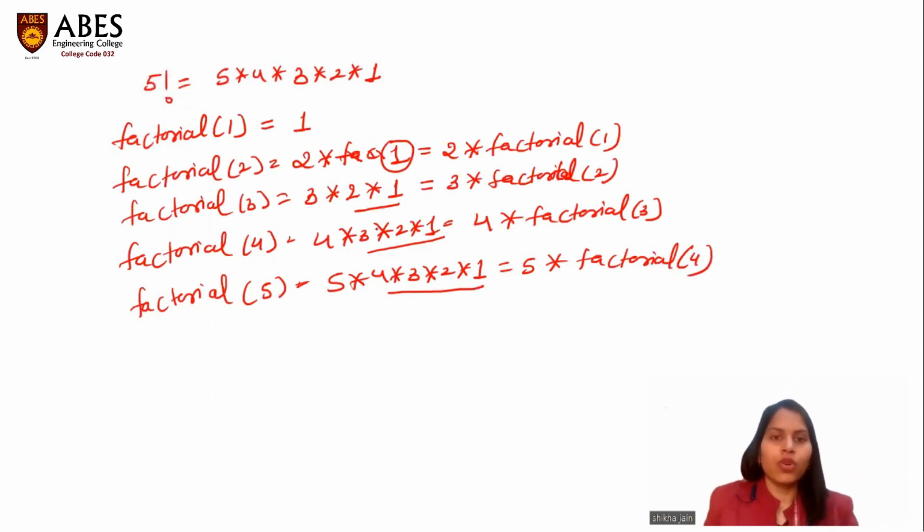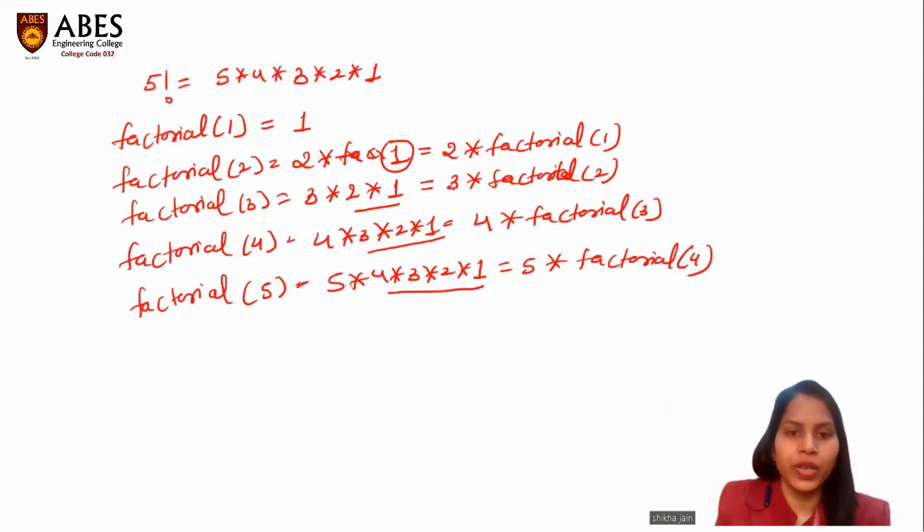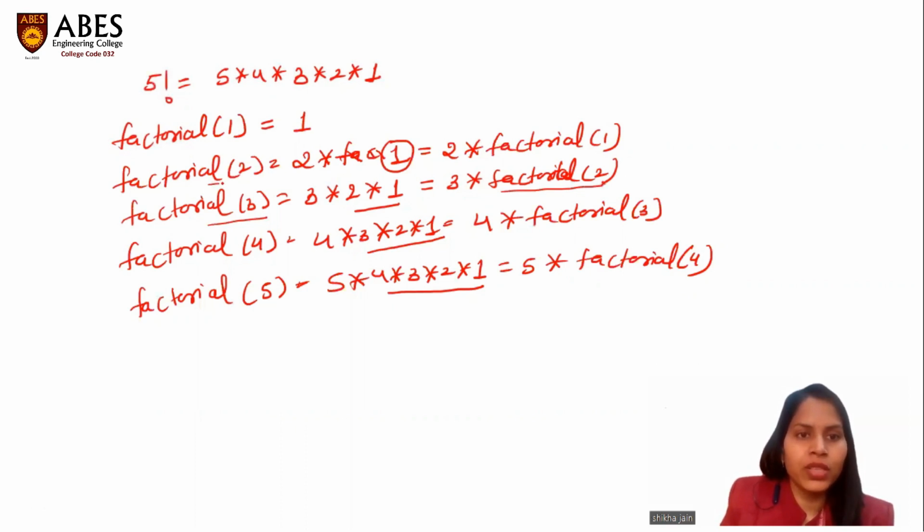Right? So now what should be the stop condition for this factorial? If I stop here at factorial 3, can we stop over here? No, because factorial 3 is dependent on factorial 2. Now can factorial 2 be the stop condition? No, because factorial 2 is also dependent on factorial 1.